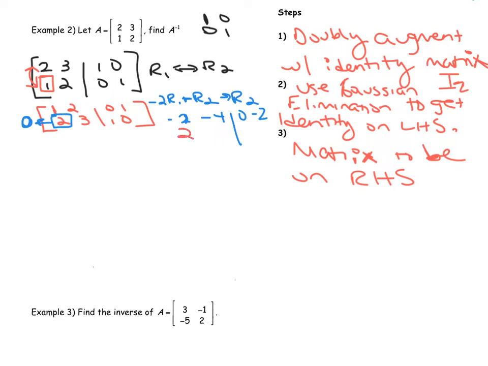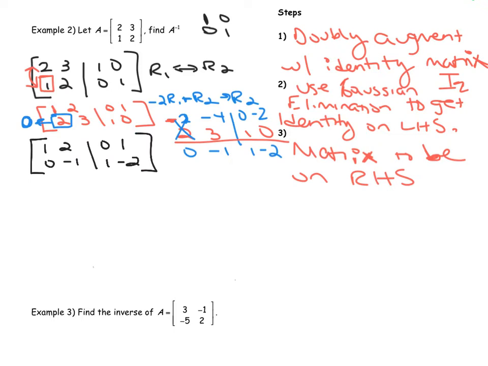So I have 2, 3, 1, and 0. And we're just adding these things. As we wanted, these are going to cancel to 0, which is good. We'll have -1, 1, and -2. So now that's my new second row. So let's write it out. Again, nothing changed with the first row. We didn't do anything to it.